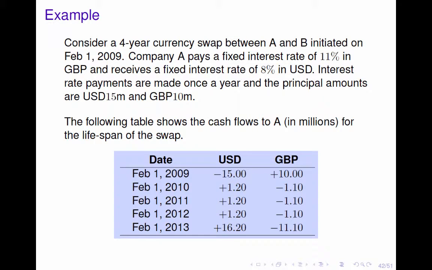On February 1st, 2013, when the two parties exchange their last interest payments, the principal amounts being swapped at the beginning of the contract have to be exchanged back. Thus, A has a total of 16.2 million US dollar cash inflow and 11.1 million Great British Pound cash outflow.